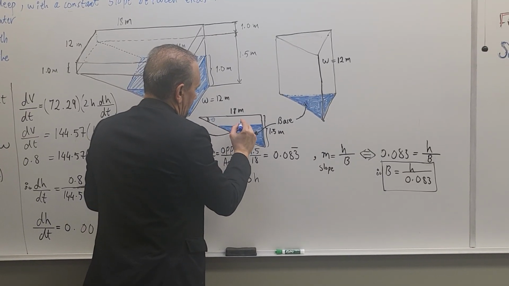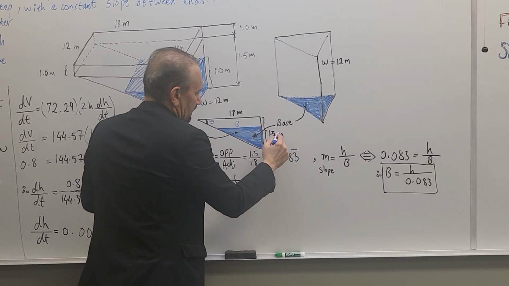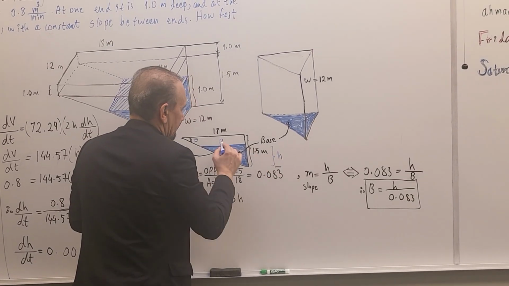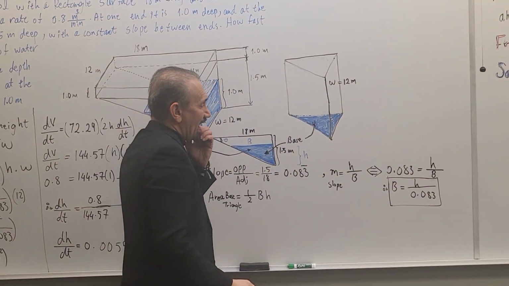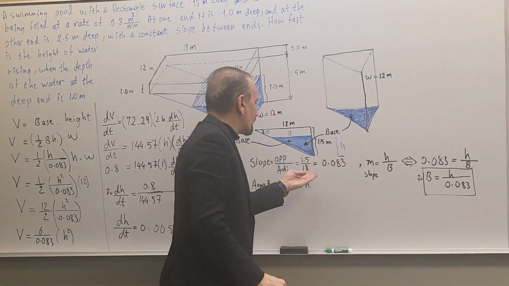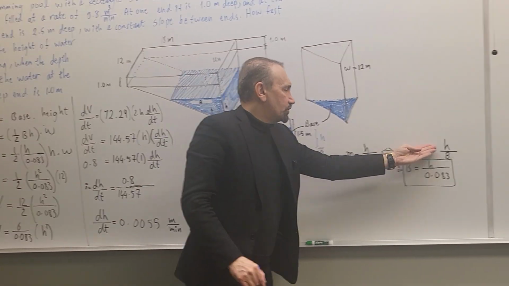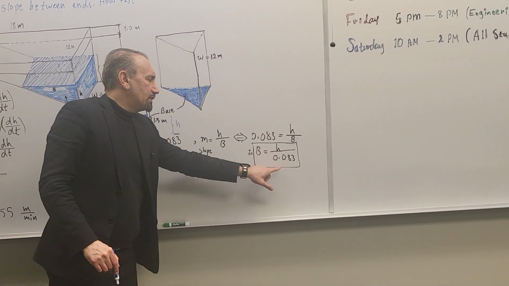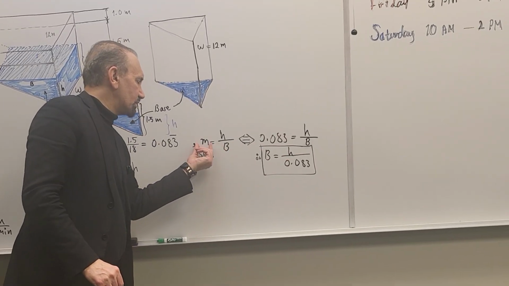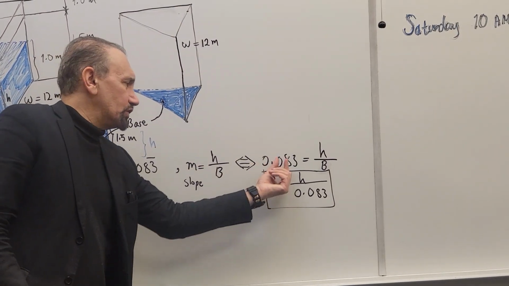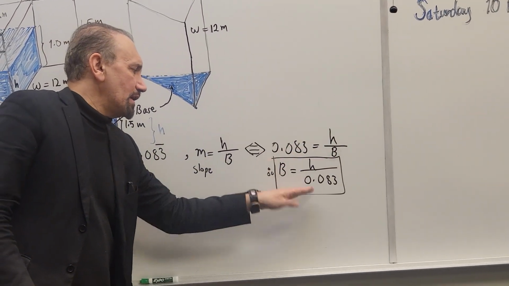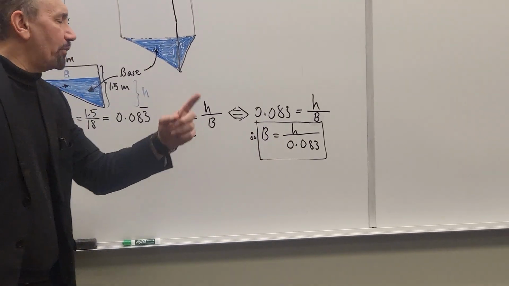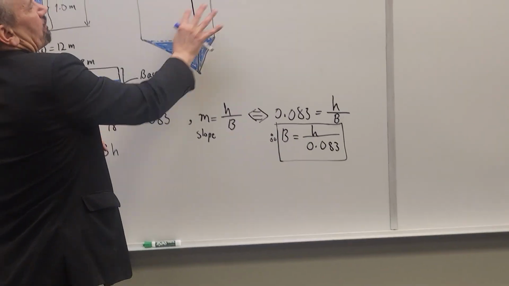But because I have the slope value already, I substitute 0.083 for h over b, and that's going to give me the base. Why am I doing this? Because I want to have one variable when I count the volume of the prism.